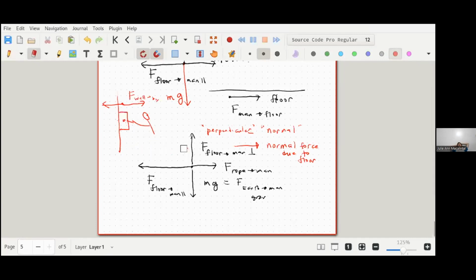Kunyari, the man, sabi niyo, is exerting a force against the wall, di ba po, sir? What if yung kamay, yung arms ng man is not perpendicular pero medyo inclined?